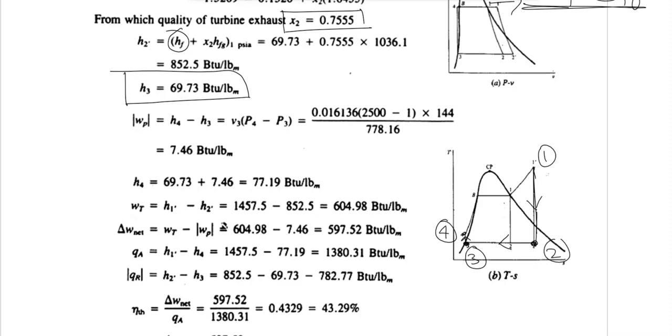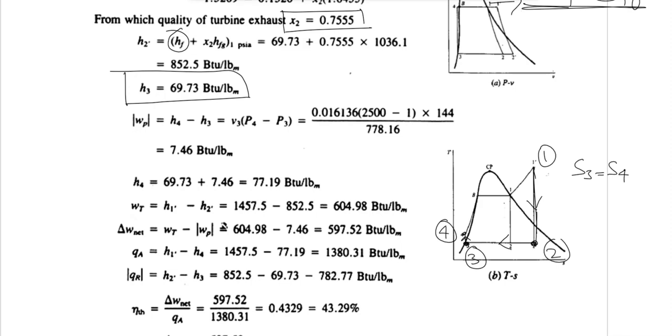And now there are two methods to find these things. Either, if you have the compressed table, as we are now in a compressed region, we have S3 is equal to S4. Obviously S4 is in a compressed region, so we do not need to know whether it's greater than or less than SF.